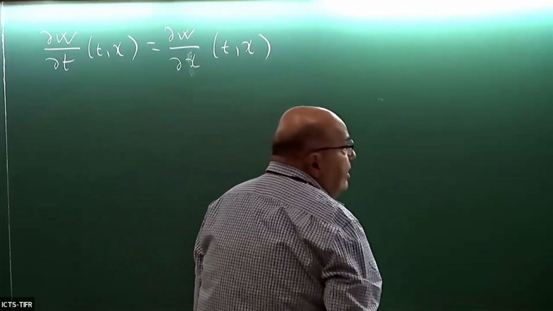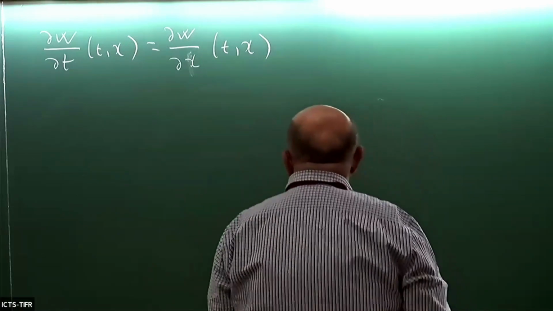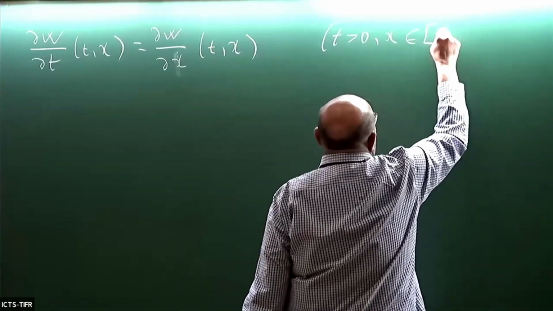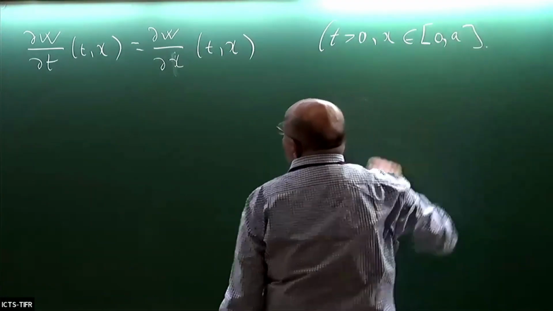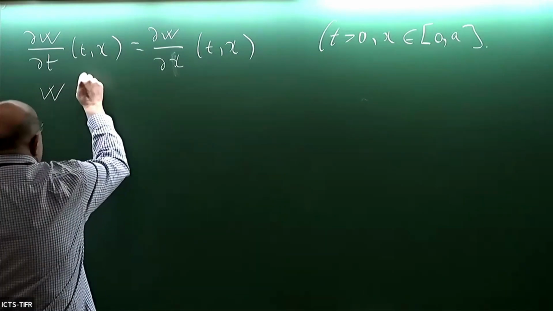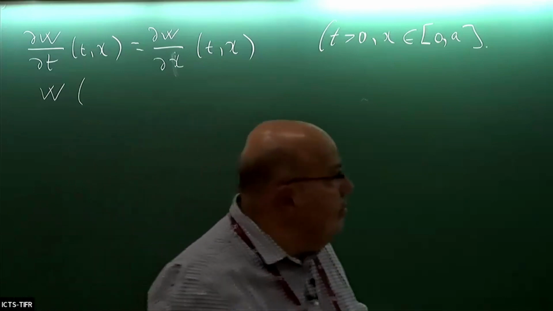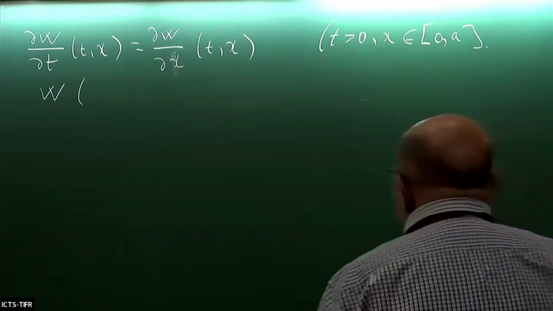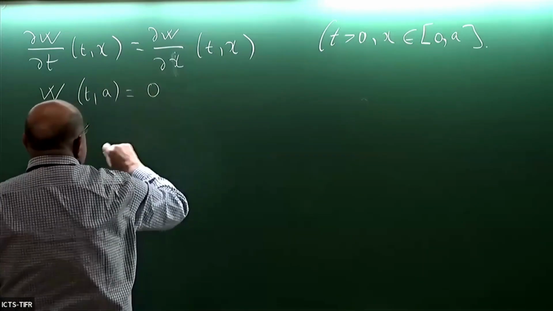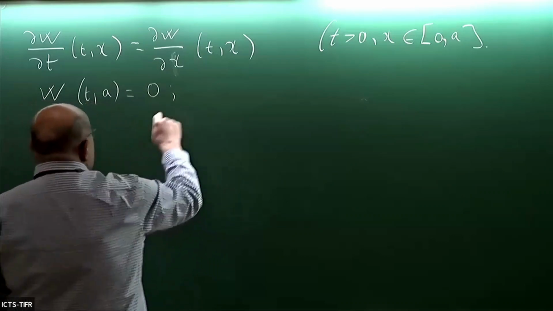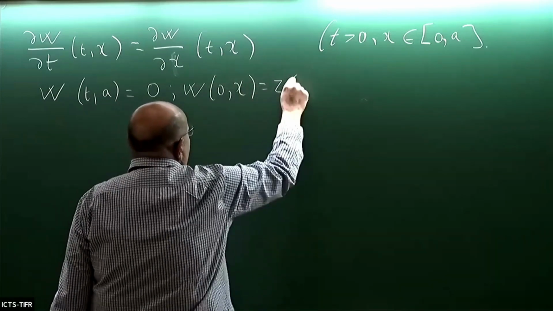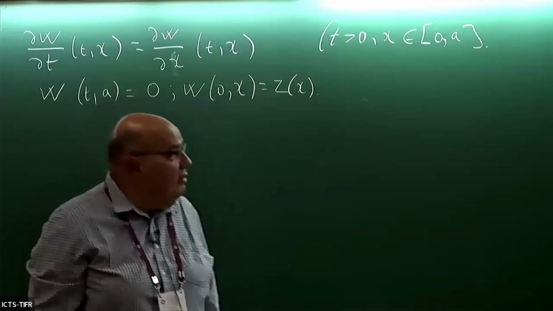So this is for t positive and x in some interval (0,a), with a boundary condition which will be W(t,a) equal to 0, and with the initial condition W(0,x) equal to what should be denoted here by z(x).